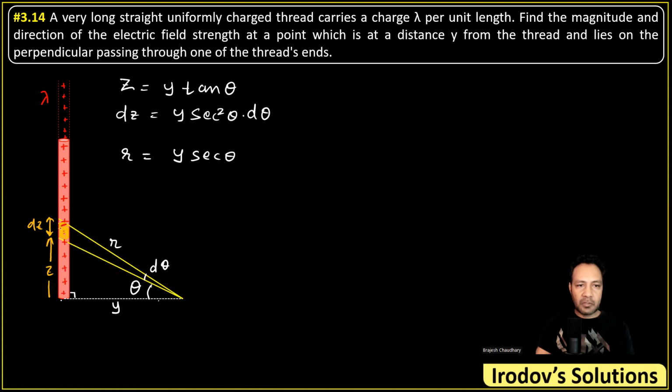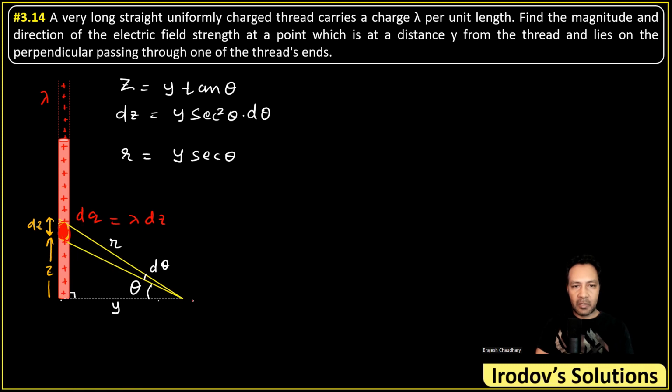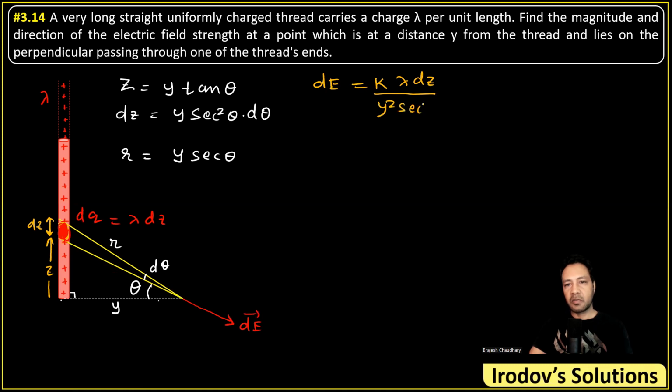And now suppose the charge on this little element is dq. So dq is obviously lambda dz, and dz I've just got above. Now the electric field because of this element dq at the required point is obviously radially away, and this is the dE vector. The magnitude of dE would be k times the charge dq, and that dq is lambda dz, divided by the distance square, which is r square. r is y sec theta, so y square sec square theta.